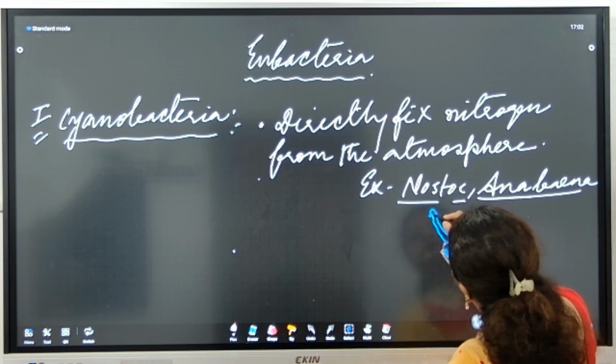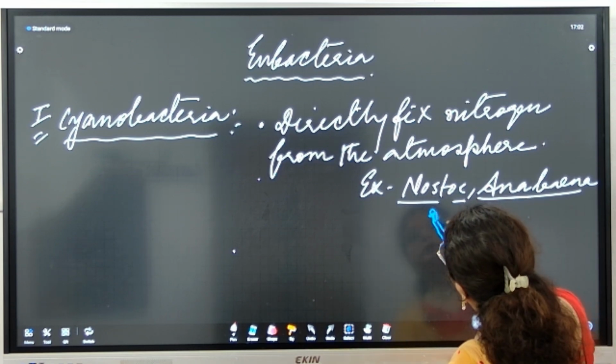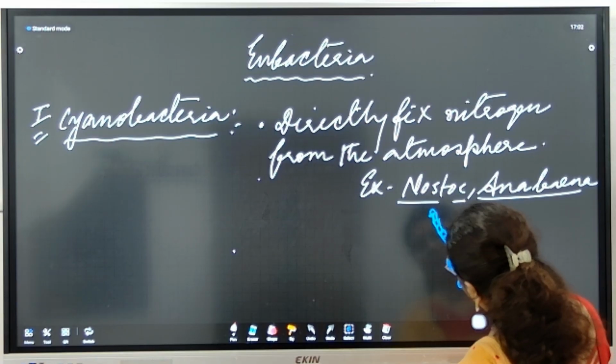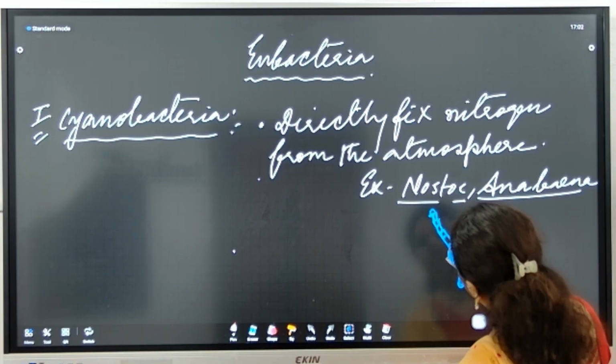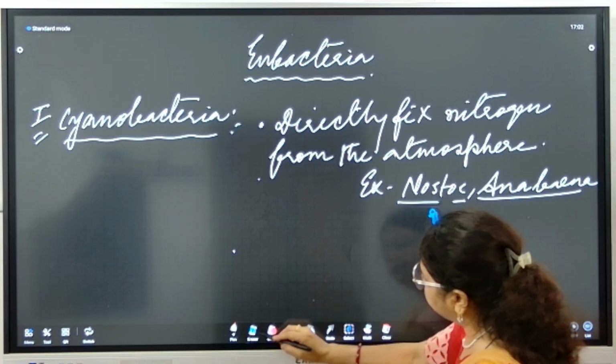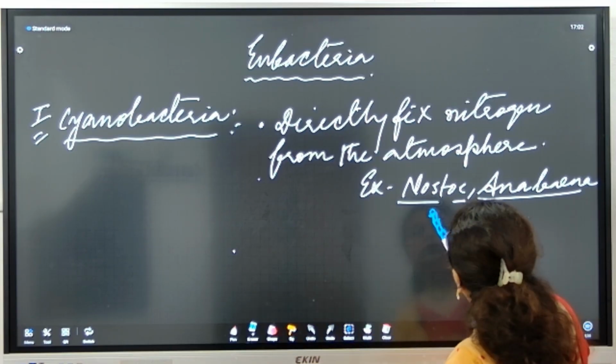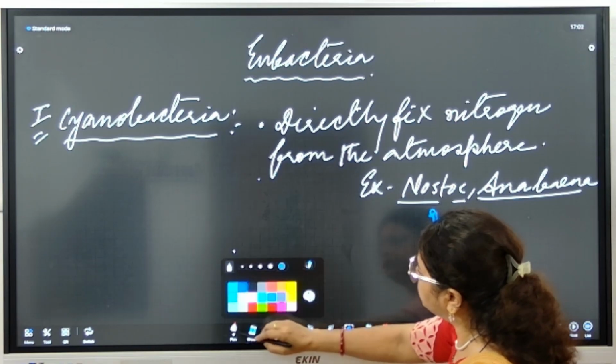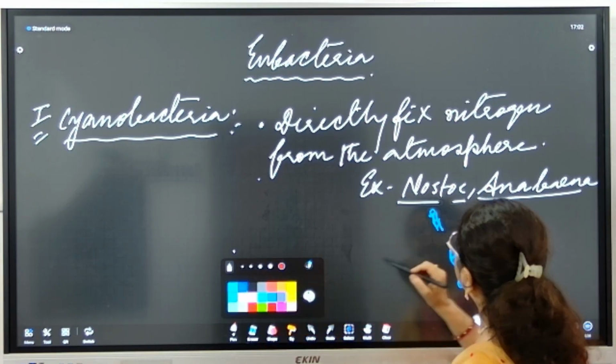If we look at it, it is made up of these cells. These are cells. And here I will use another color, then you can see the difference.